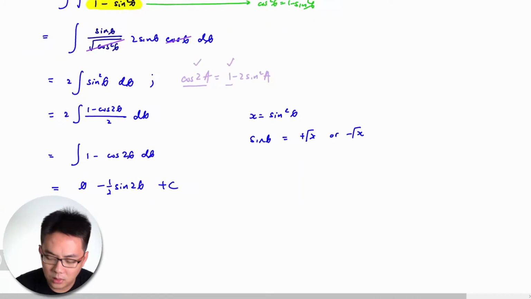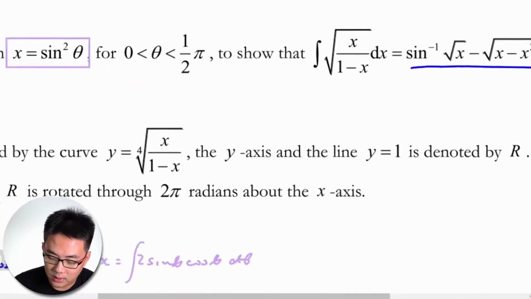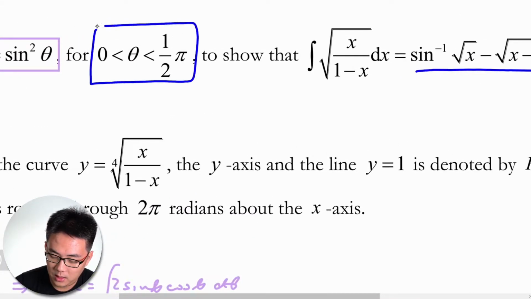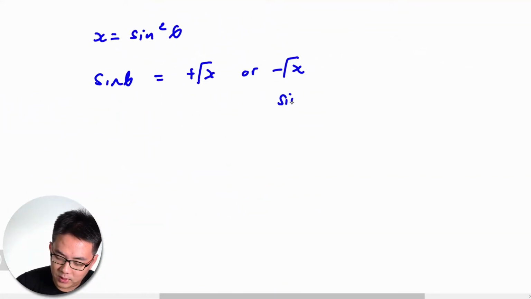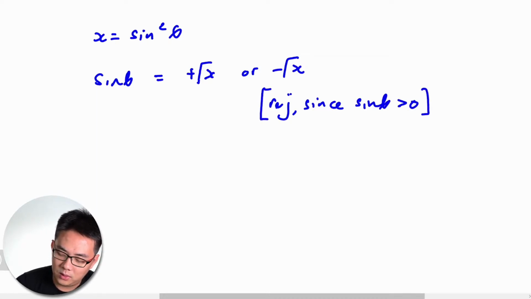Then the question is, should you take the negative or the positive? Because this is in Q1, Q1 would just mean that sine theta is positive. Reject the negative, since sine theta is positive. This is important. So you get sine theta as root x.